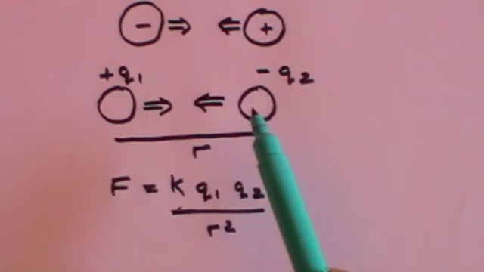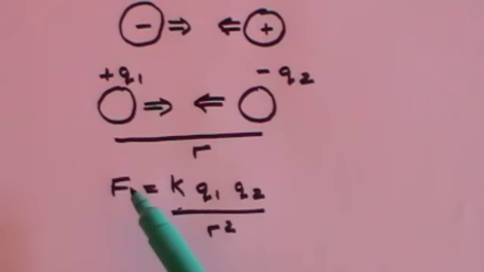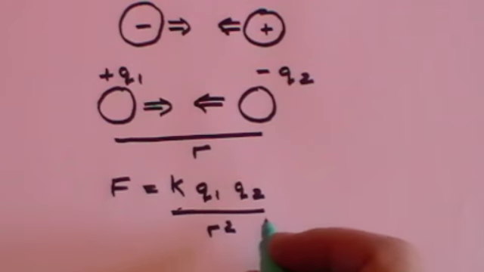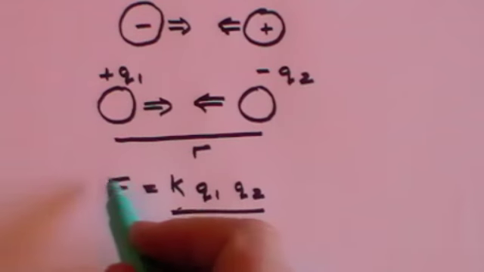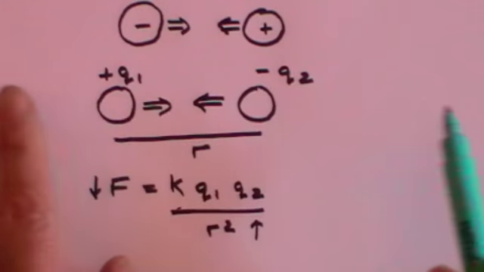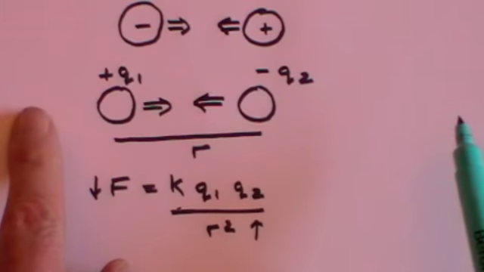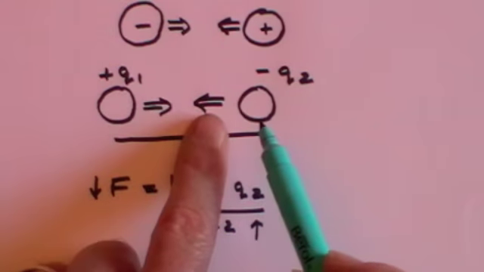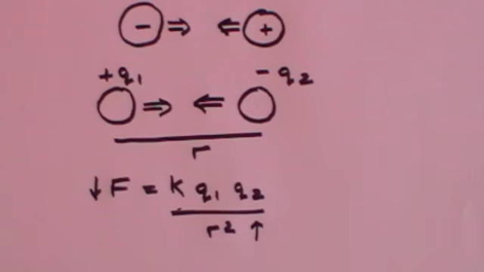If the charges are greater, the force will be greater, but it's inversely proportional to the distance between them. As the distance between them increases, the force will decrease. If you take these charges a long way away, the force between them will be smaller. If you bring the charges very close together, the force between them will be very much increased.